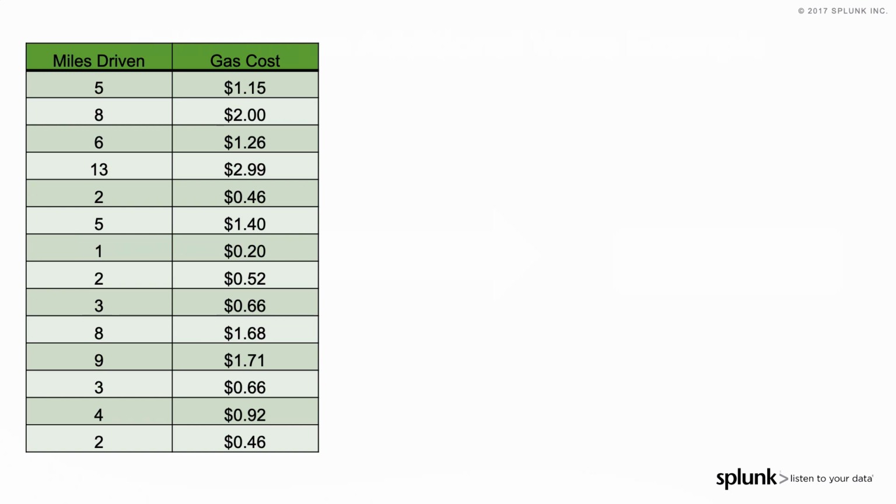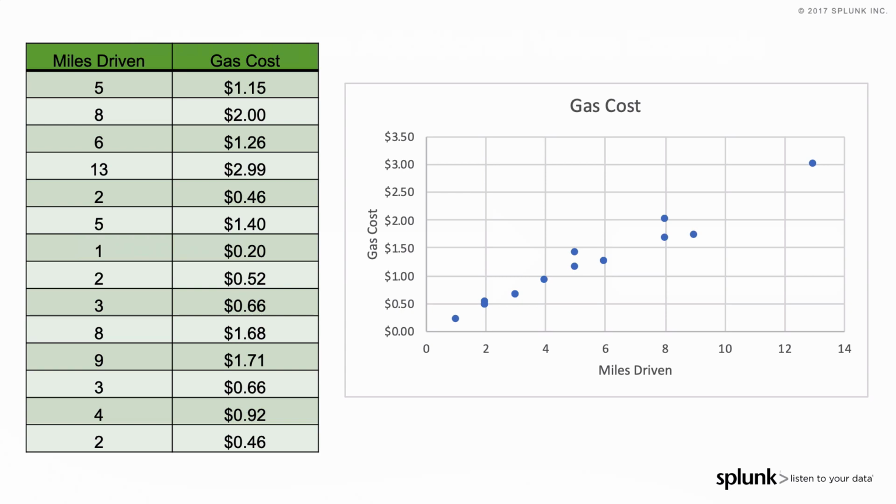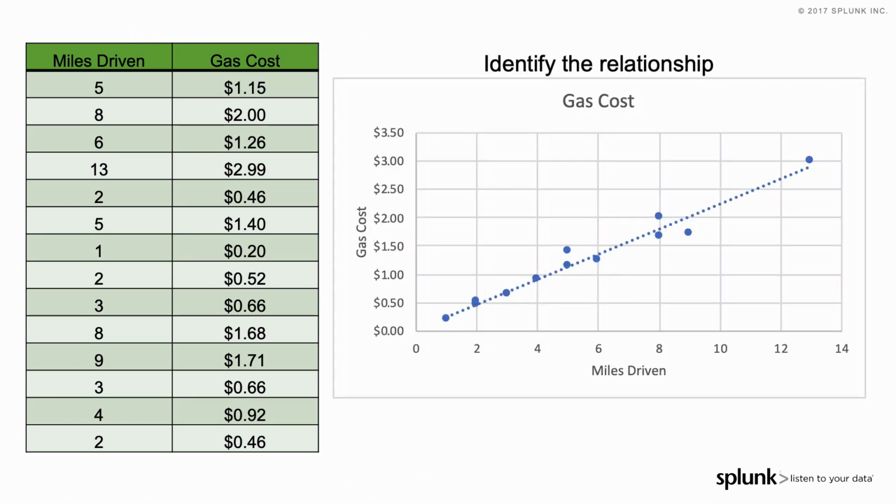Our histories and experiences as a driver, that's our training data in this example. And from that, we can extract the relationship between gas costs and miles driven. This is how a computer would do it too.